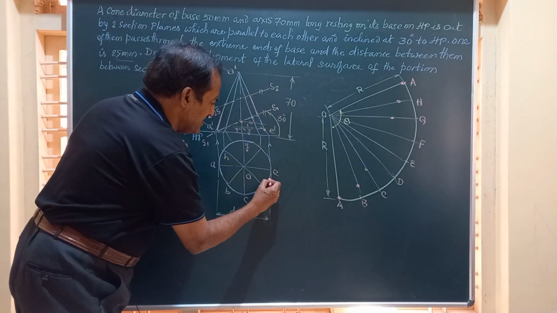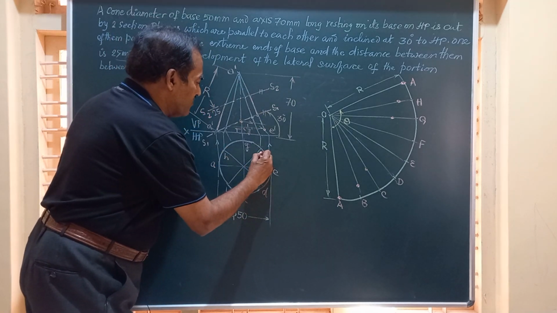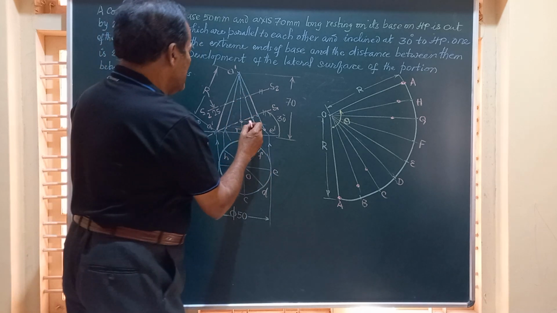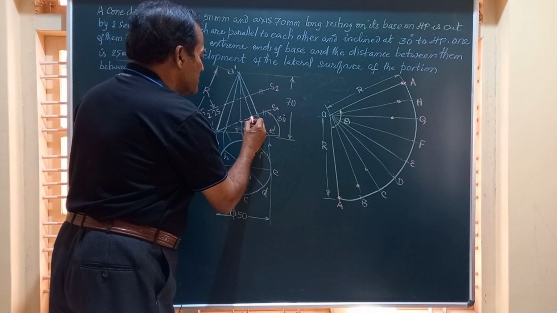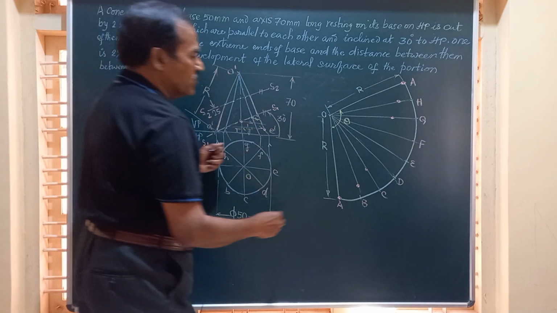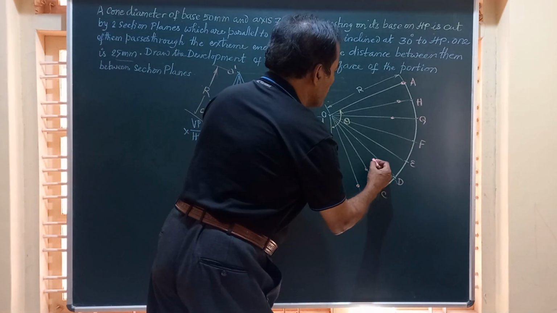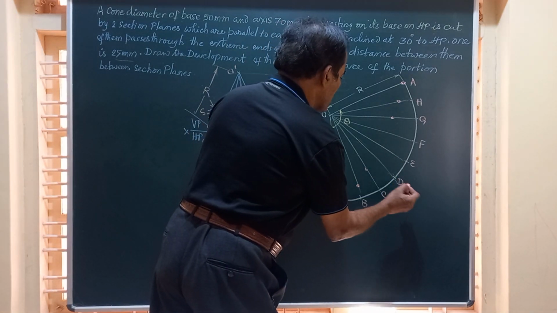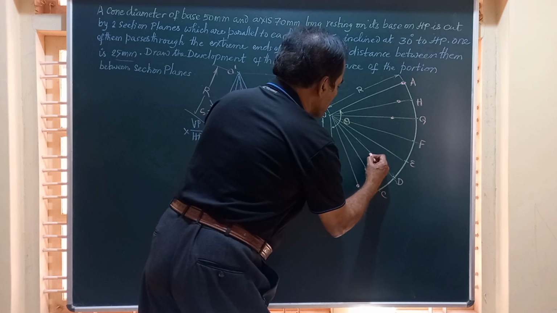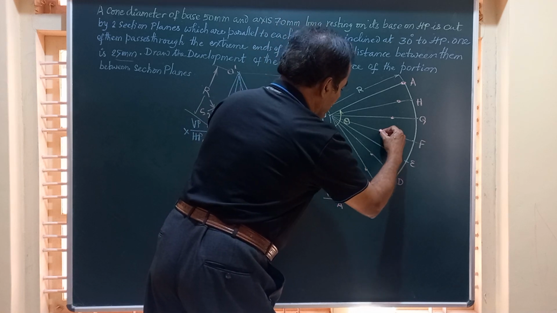This is D and this is F. OD and OF are cut here, and this is not the true length. Shift that to the last line, mark that distance on OD and OF. So this is on OD and this on OF.